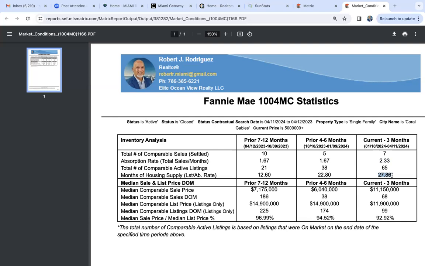We have enough inventory to last us 27.8 months, unless something drastic happens. Unless a lot of buyers start buying up the properties or a lot of these listings start to come off the market. So it's going to take us more than 2 years to burn through all this inventory.